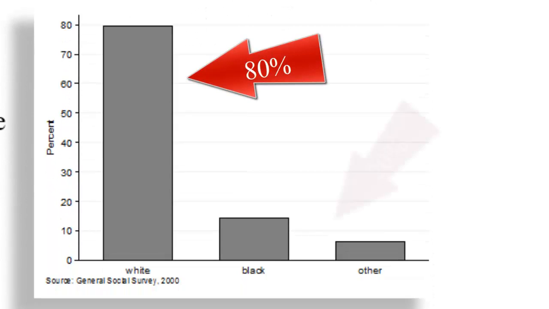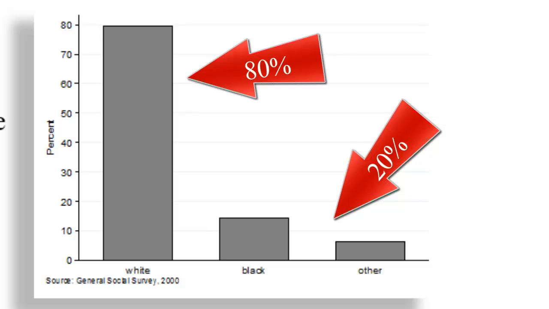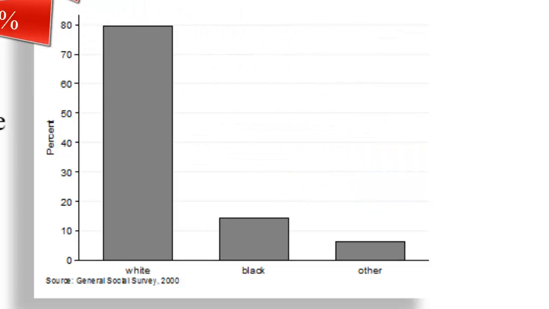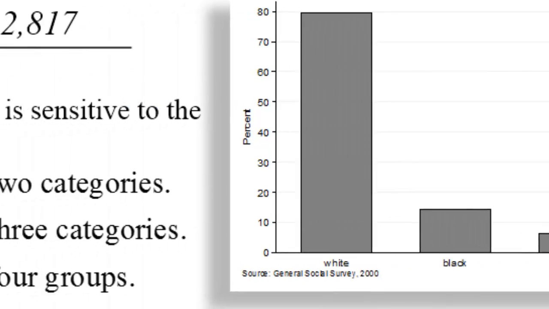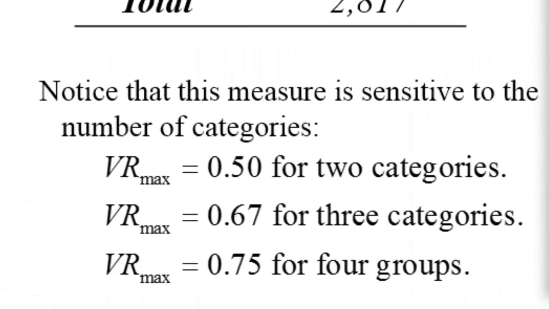You can see when it comes to race, at least in 2000, that we see a fair amount of homogeneity because this number is quite small. Larger numbers indicate heterogeneity, smaller numbers indicate homogeneity. Now, you do have to think about what is the maximum heterogeneity, what is the maximum diversity.